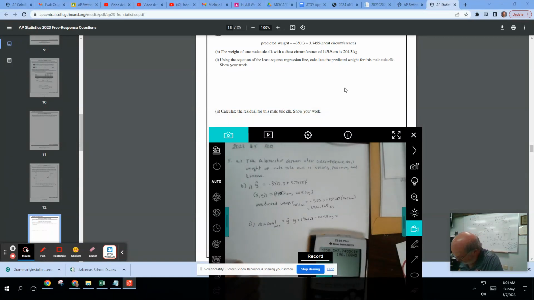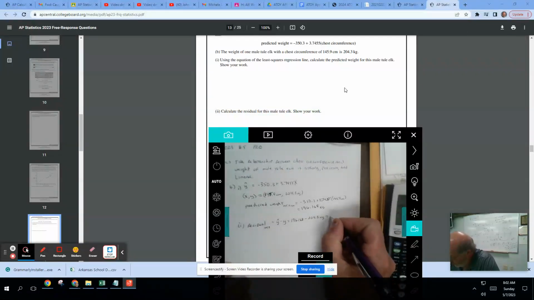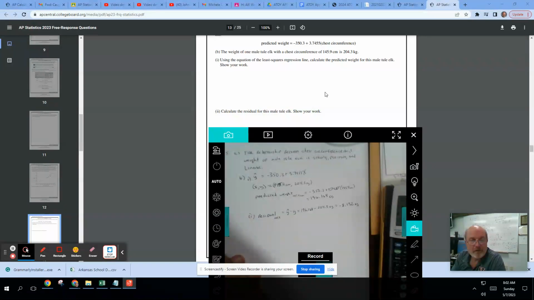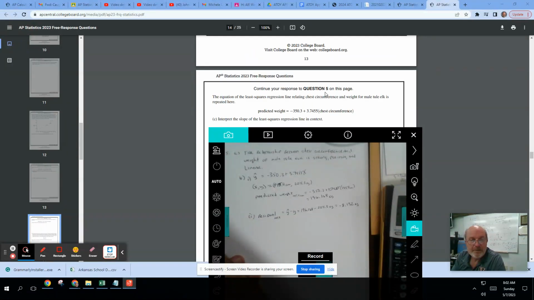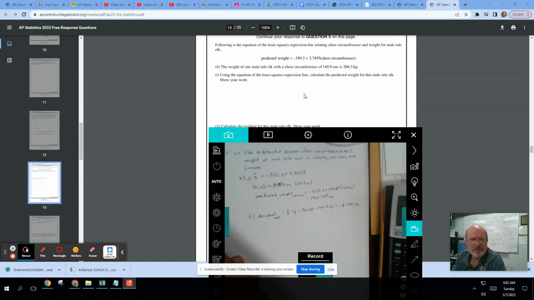It's both kilograms, so the residual I get is negative 8.132 kilograms. The equation of the least squares regression line relating chest circumference and weight, give it to us again. Same one, right? Yes, okay.